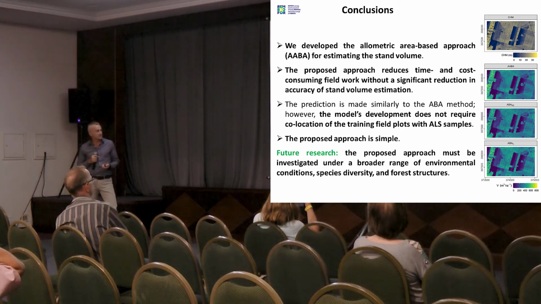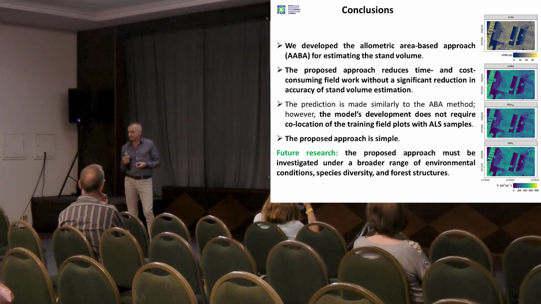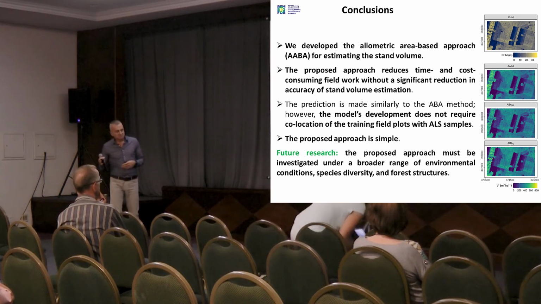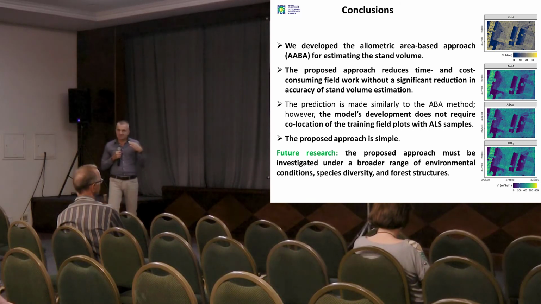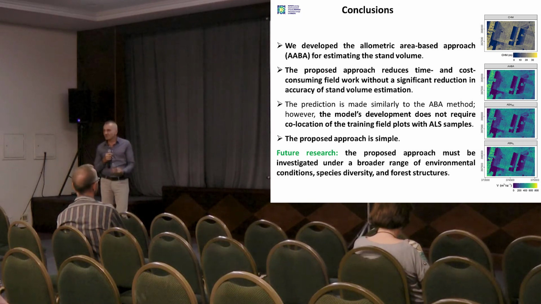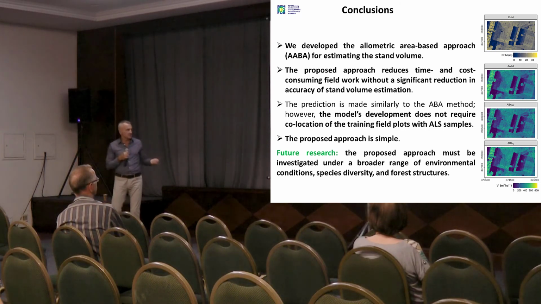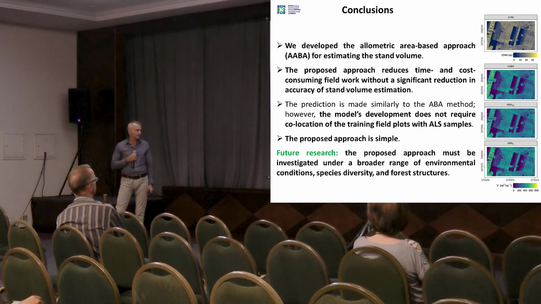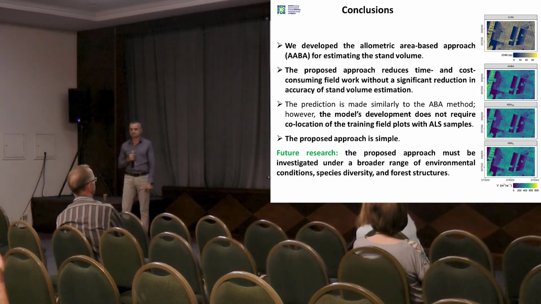In future research, we used this approach for Scots pine stands, but in the case of stands with diverse structure, it's highly probable that we need more stand characteristics, and therefore this approach must be investigated under a broader range of environmental conditions, species diversity and forest structures.